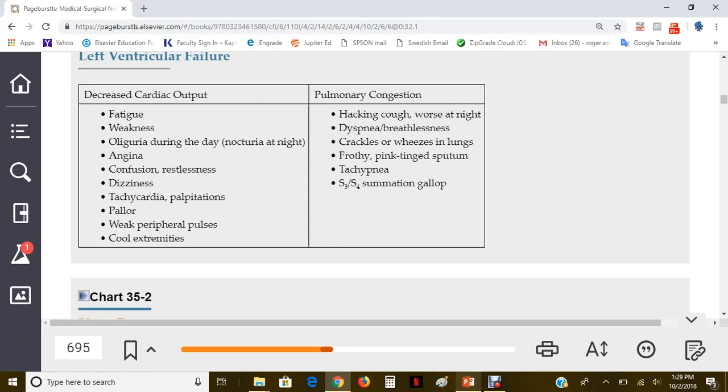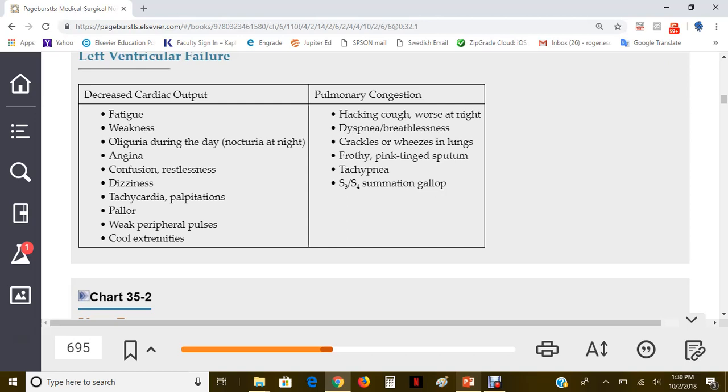There will be angina because remember the heart muscle itself receives blood from the coronary arteries during diastole, or heart relaxation. So if there is decreased cardiac output, naturally there will also be less blood flow to the coronary arteries.